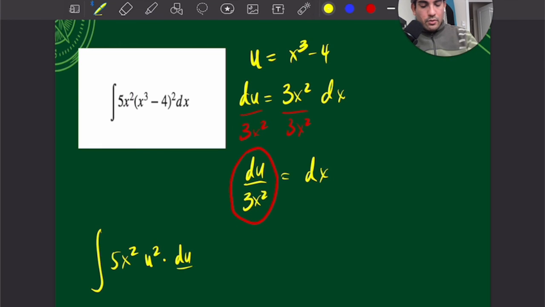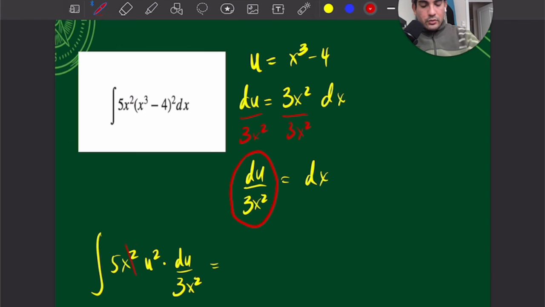And this is beautiful because look at this. The x squareds cancel out. One's on top, one's on the bottom. But then we still have the 5 on top and the 3 on the bottom. So I'm going to pull that out of my integral. And now I have 5/3 integral of u squared du. Ooh, look at that. Easy problem to integrate using the power rule.